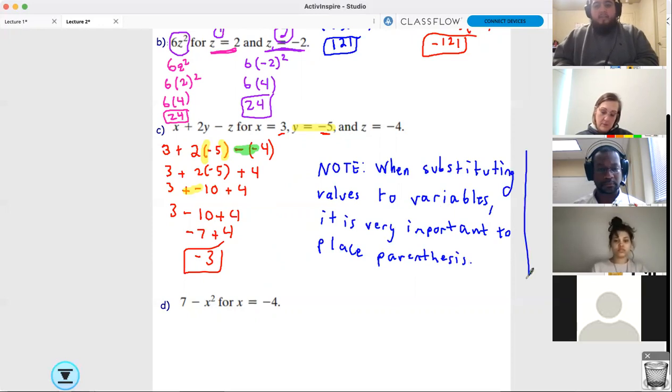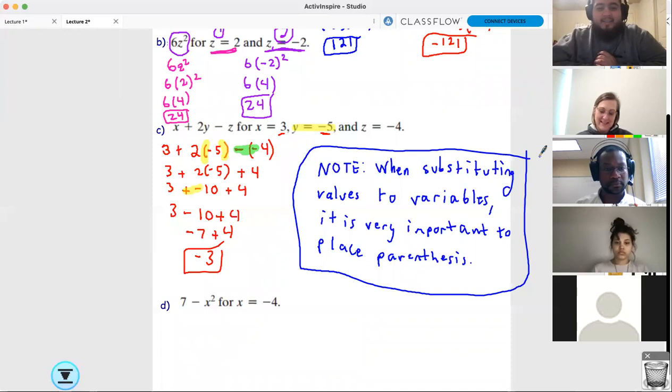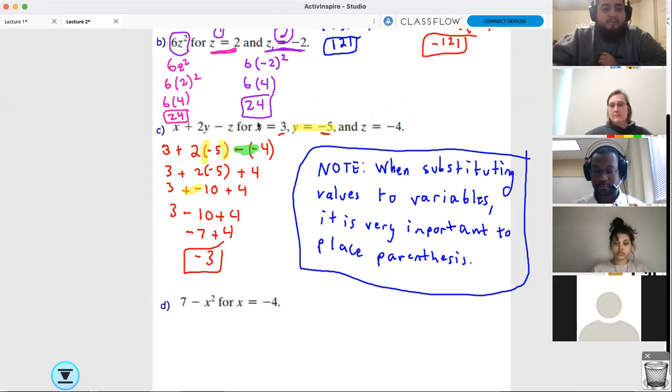I don't even know that's how you spell parentheses, but I'm trying. All right. Is that what you're talking about, Jacob? The note? Is that a good note? Okay.